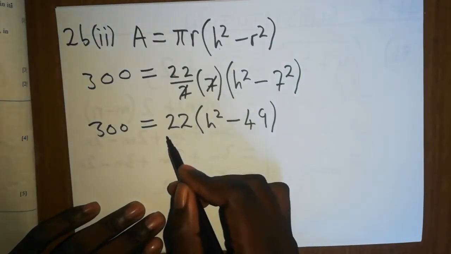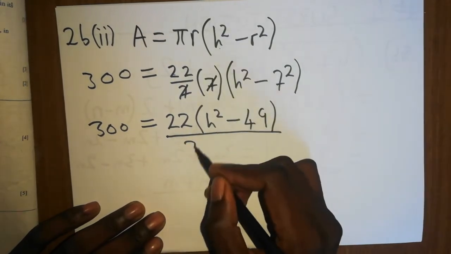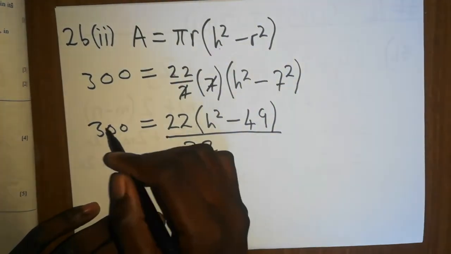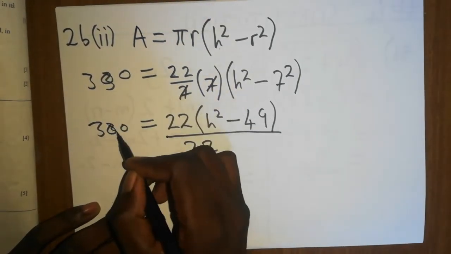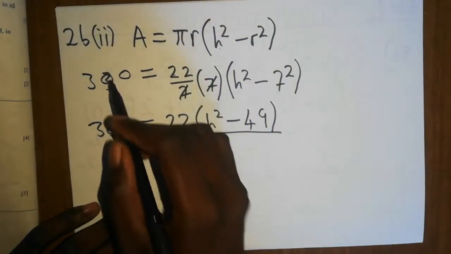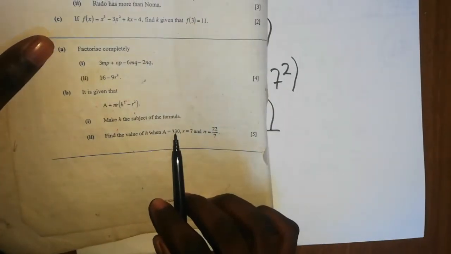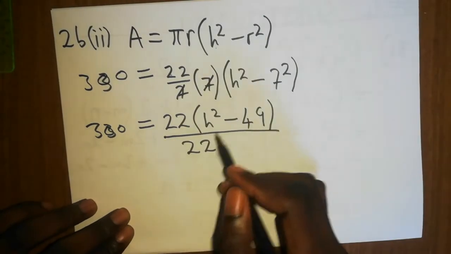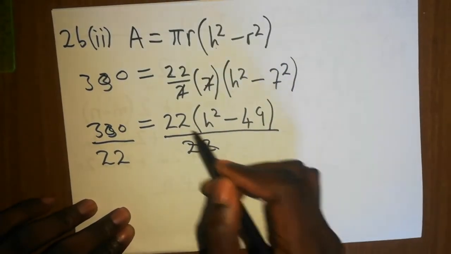I'm going to divide both sides by 22. This is my 330, not 300. This is my 330, it's 330 from the question paper. That's 330, not 300. So I'm going to say divide by 22 both sides.